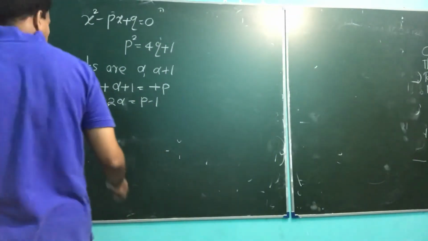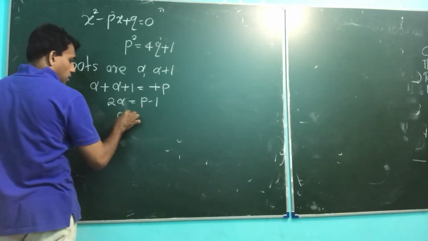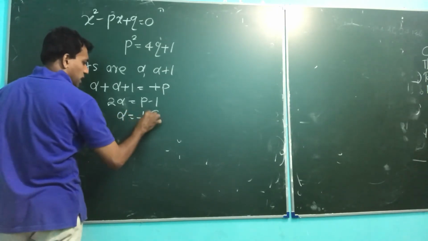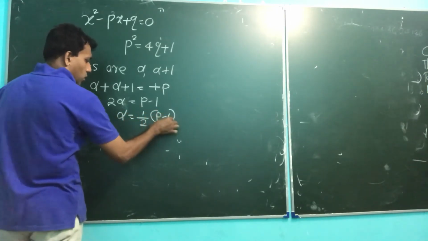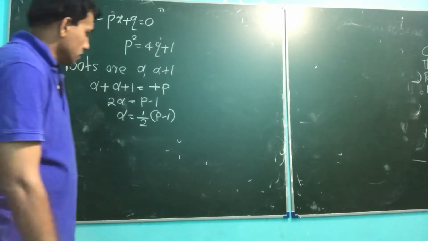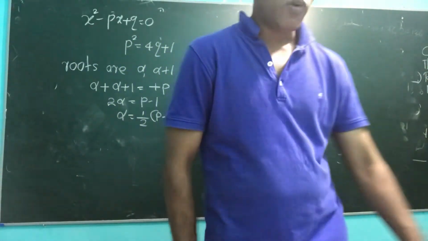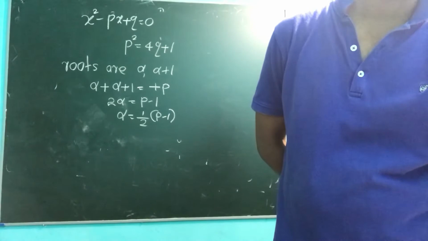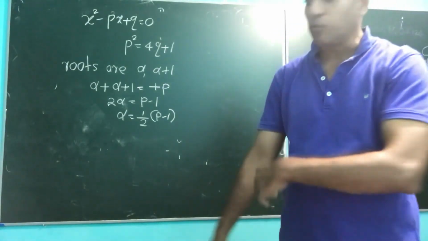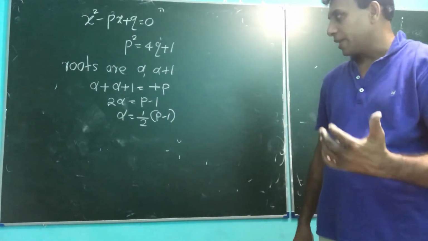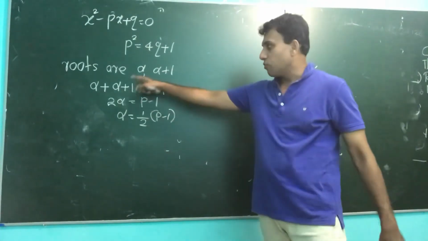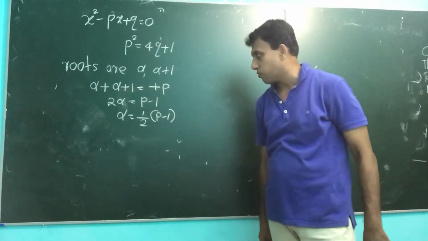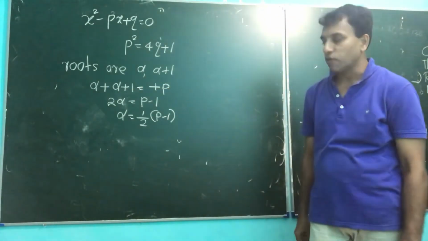Okay, therefore the alpha answer is half into p minus 1, or divided by 2, no? It's the case you find the alpha. The roots are one more: alpha and alpha plus 1. Therefore this is alpha, 2 alpha plus 1, therefore alpha is that, right?